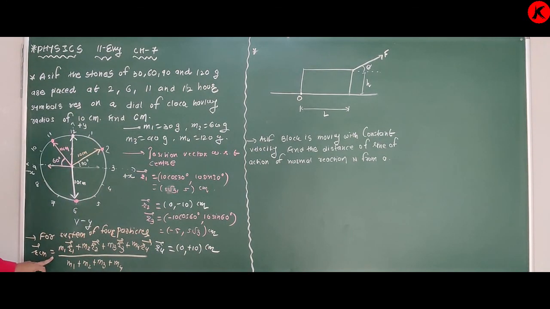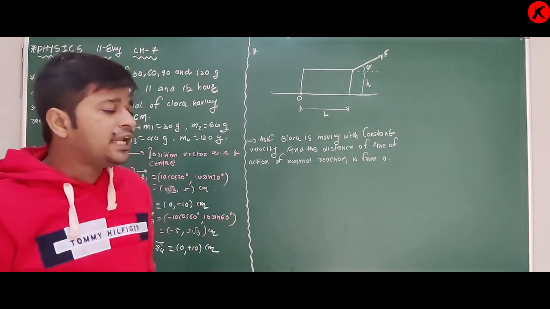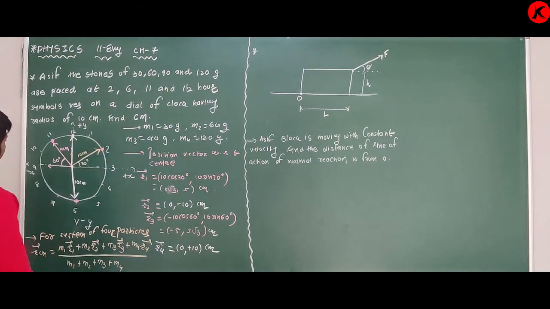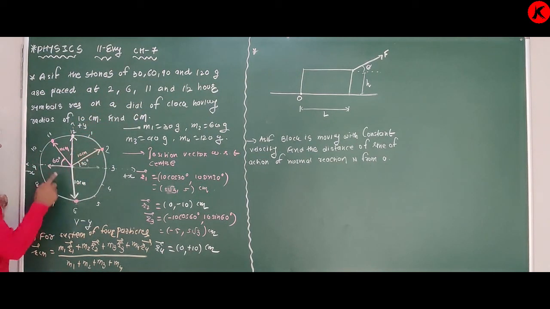Now put values in this equation and calculate, you will easily get your answer. And now you think, it is only one question. The stones are placed at 2, 6, 11 and 12. You can make numbers of questions on this diagram.